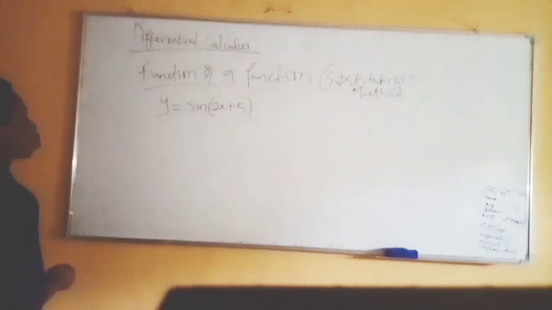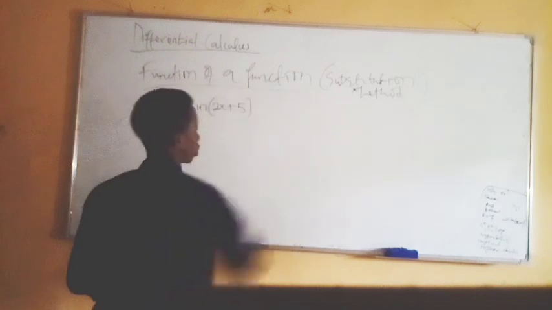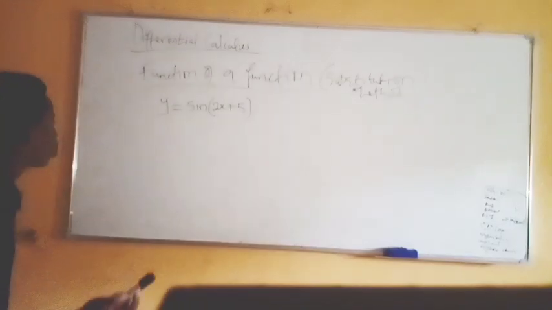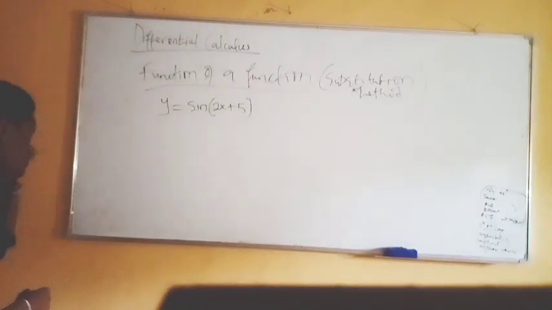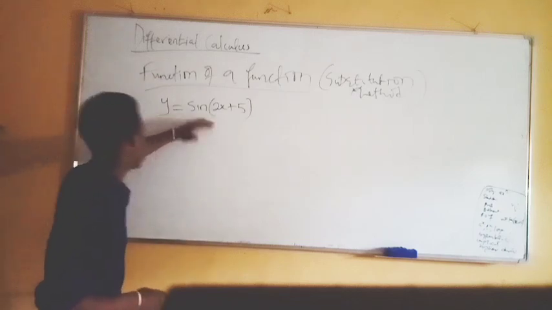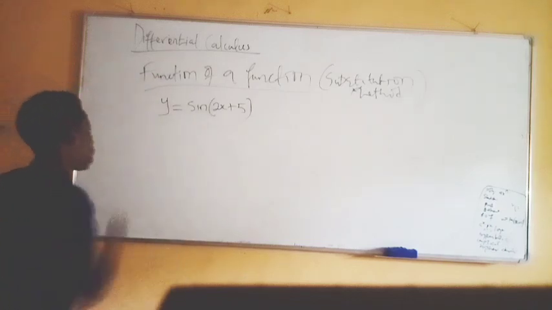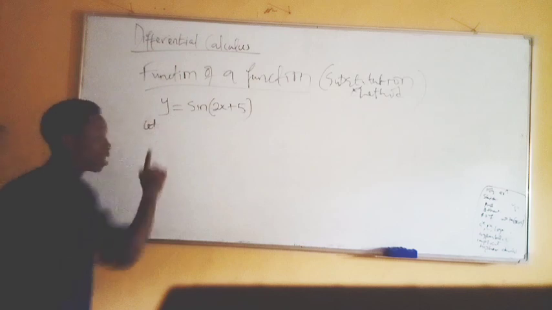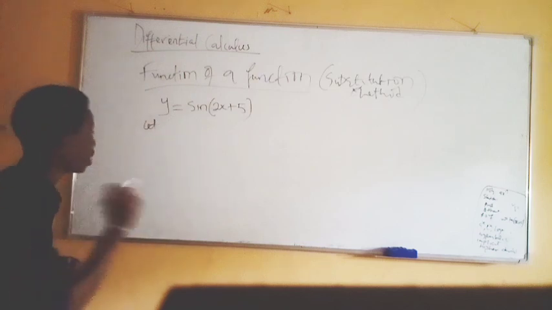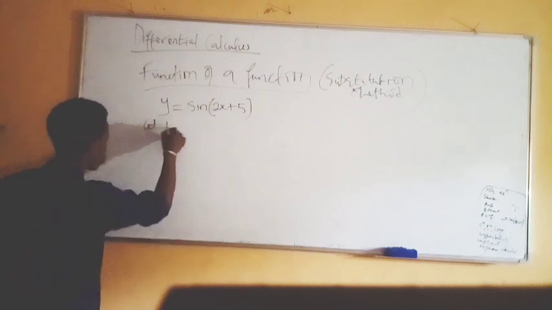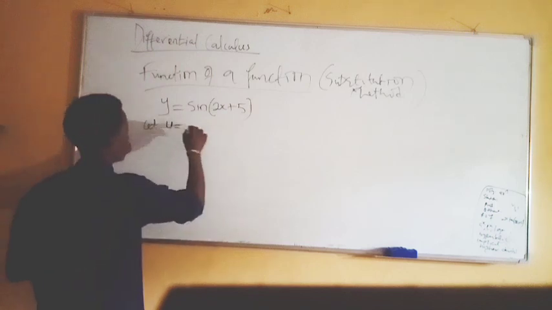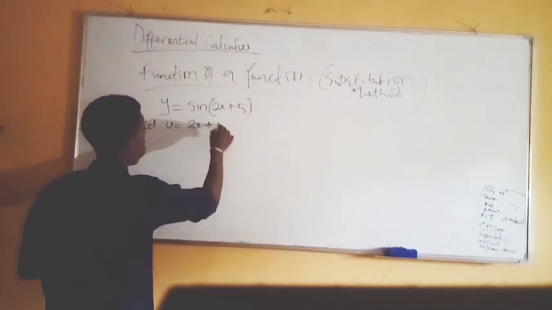So we'll do what we call substitution. That's why I said it's also called the substitution method. To reduce this, we introduce another variable. Let another variable, say u, be equal to 2x plus 5.